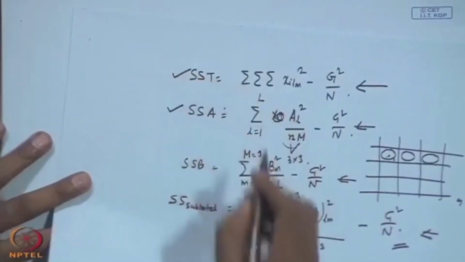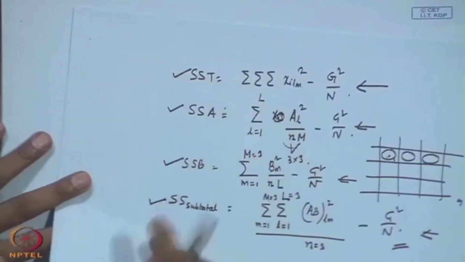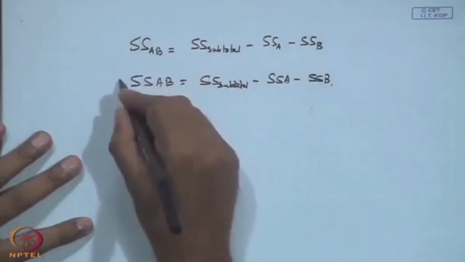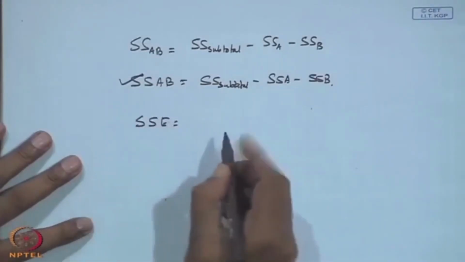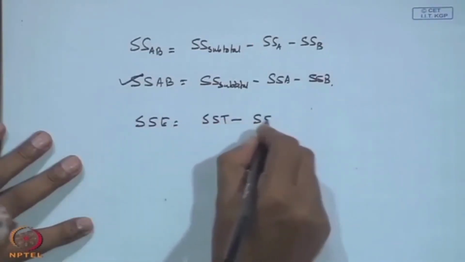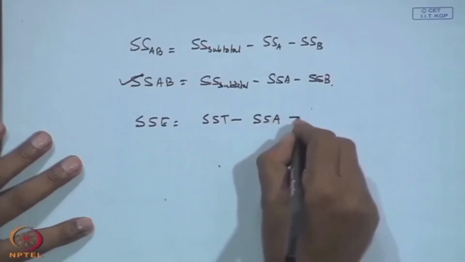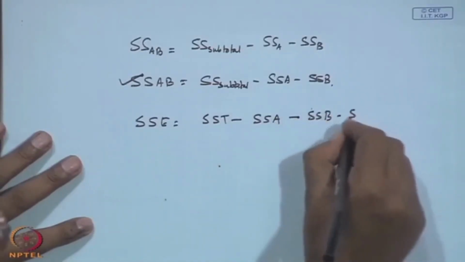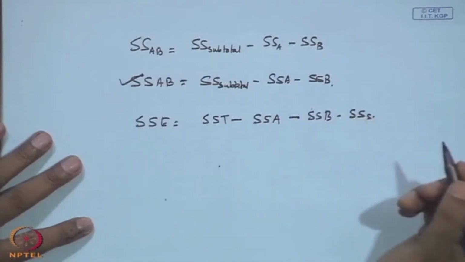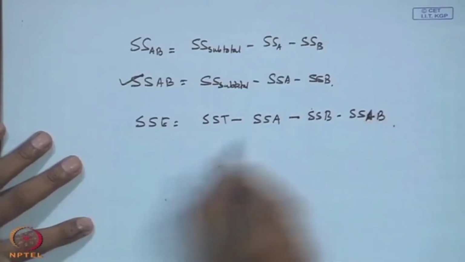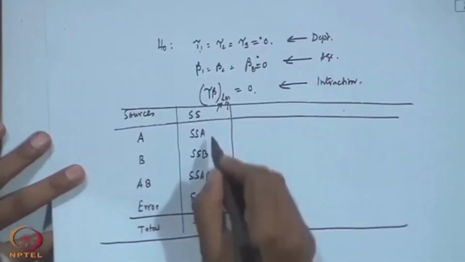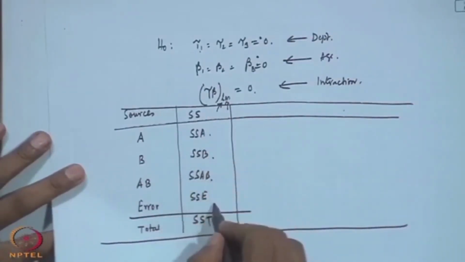What are the items you have now? You have SST, SSA, SSB, SS subtotal, and SSAB. What is required to be calculated now? SSE. SSE will be SST minus SSA minus SSB minus SSAB, because you see the total is SSA, SSB, SSAB, SSE, SST.